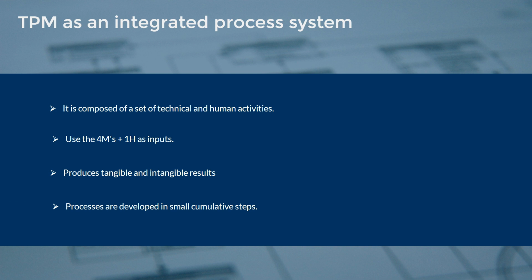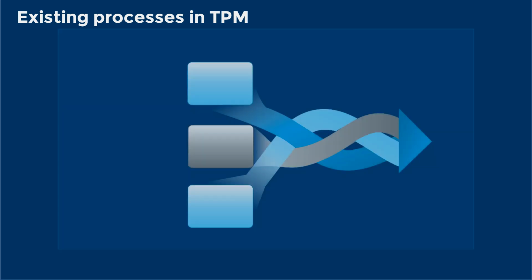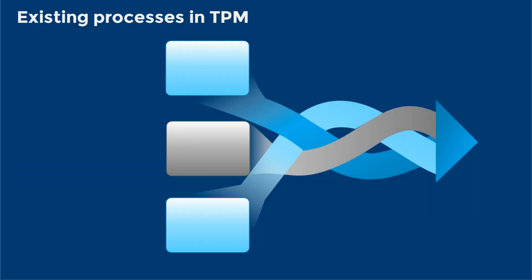The technical processes that integrate TPM are developed progressively through small steps, and the effect of these steps is cumulative. The human processes are developed following the principles of change management, and follow the process of transforming habits and developing new work behaviors. To facilitate the study and practice of TPM, I have prepared the following model, composed of three types of processes.